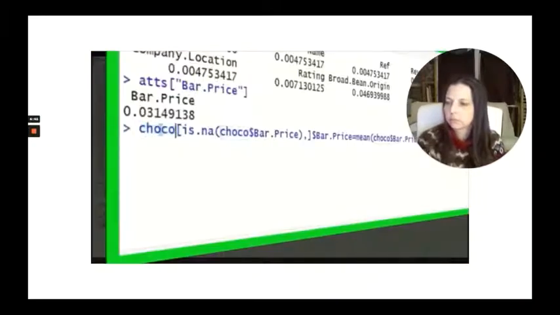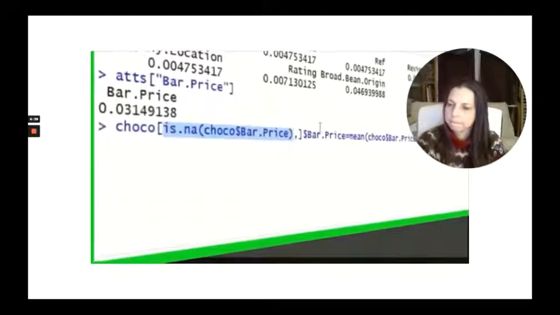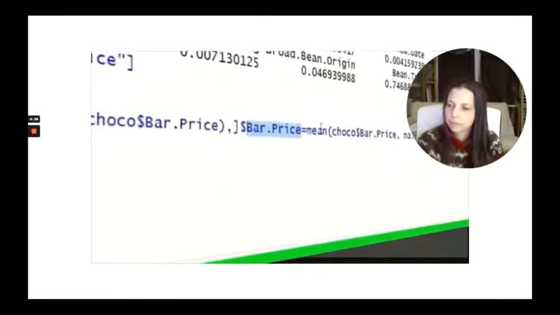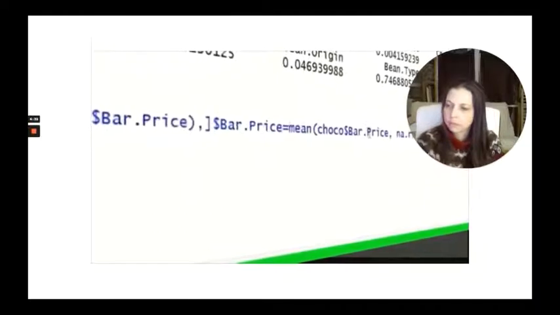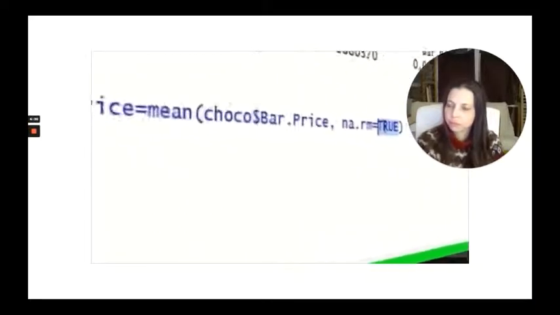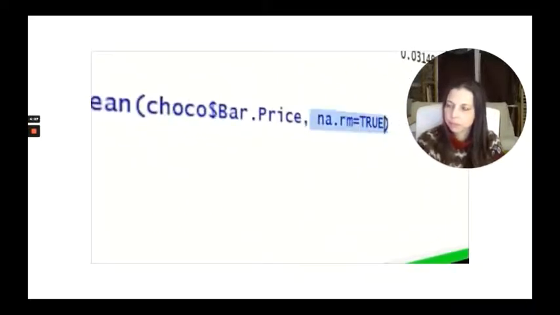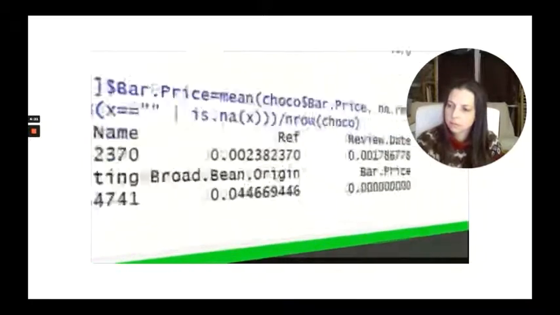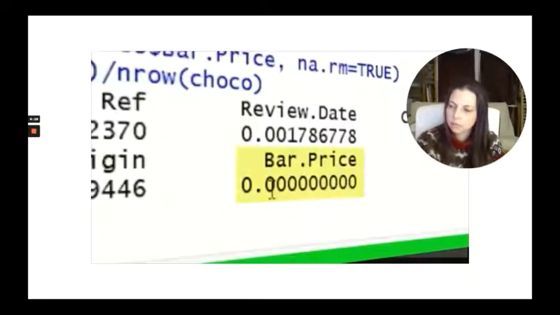We're going to say, for the chocolate data set, for any row where bar price is NA, we're going to set the bar price to be the mean of all bar prices, right? And we're going to obviously remove any NAs from that calculation, otherwise it's not going to work. Right? And that's already worked. So now, if we recalculate our missing values, you'll see that bar price now has 0 missing values. So we've fixed that problem.